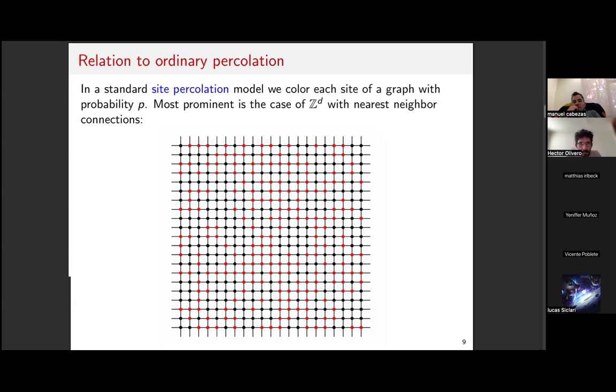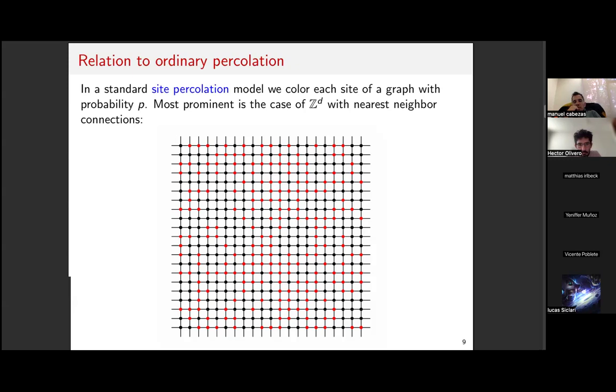Most of the time the graph is deterministic. The most prominent example is Z^d, here Z^2, where you have the grid, and you color each point independently with some probability P, and then you want to study the resulting random subgraph.